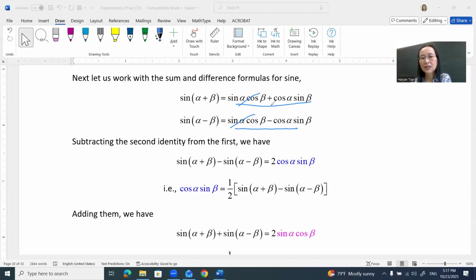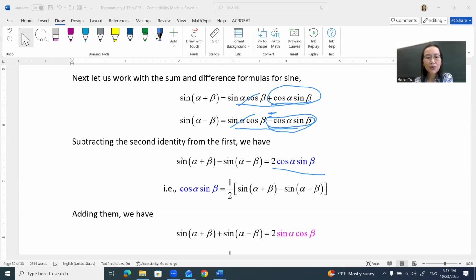But when you subtract this, because we subtract a negative, right? Subtracting a negative of this term means adding. So that's why we have twice cosine alpha sine beta.